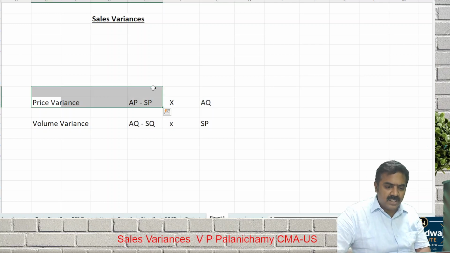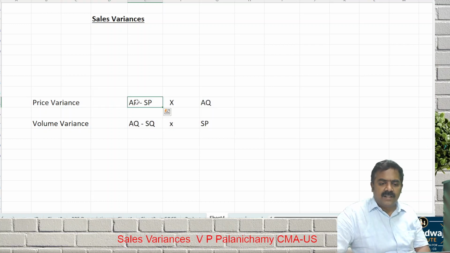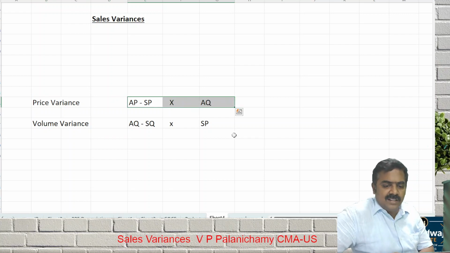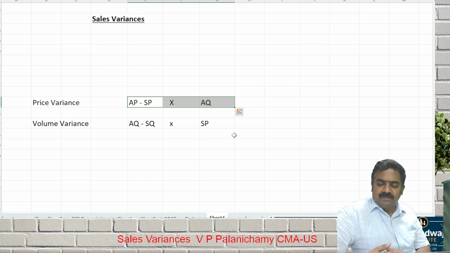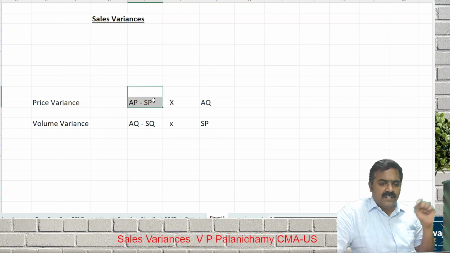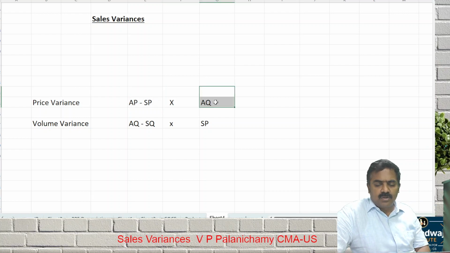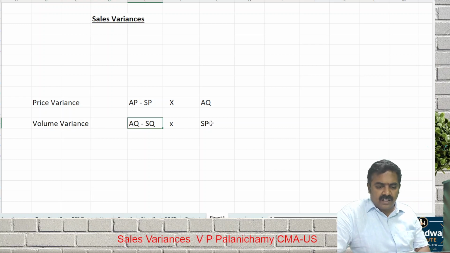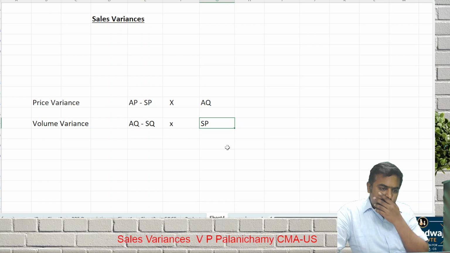Simple. Price variance: actual price minus standard price into actual quantity. That is the difference between the actual price and budgeted price into the actual quantity sold. Volume variance: volume means number of units, actual quantity minus standard quantity into standard price.